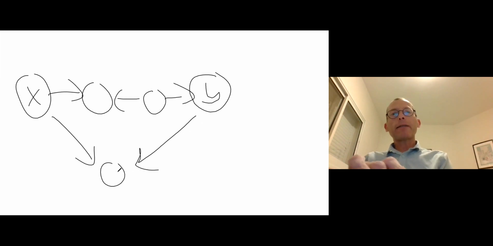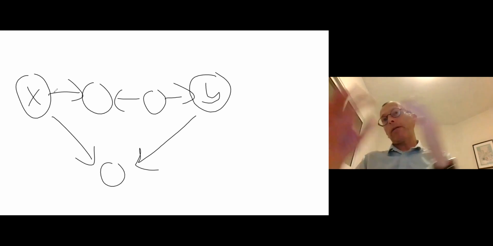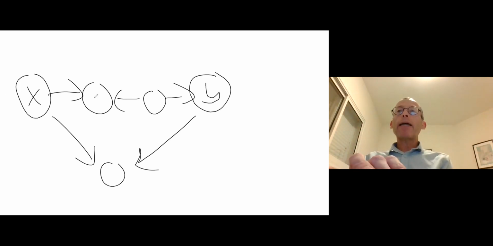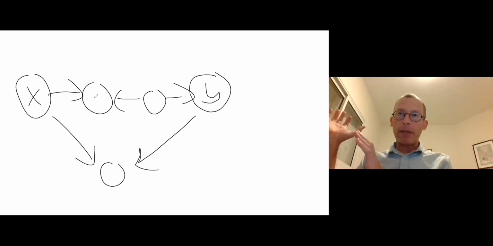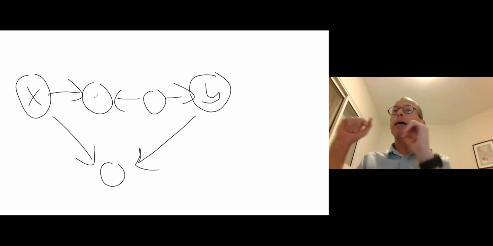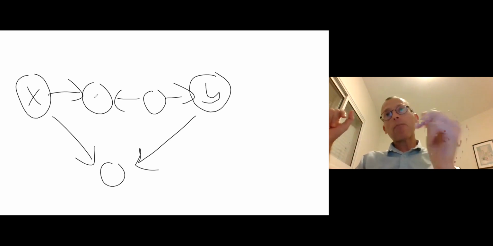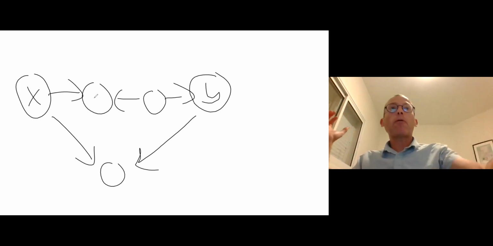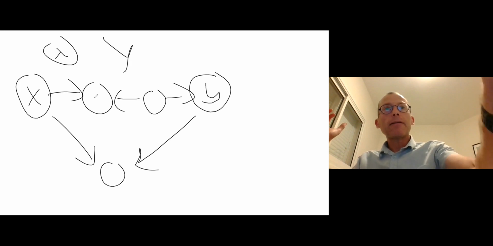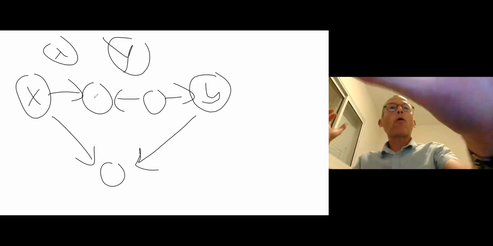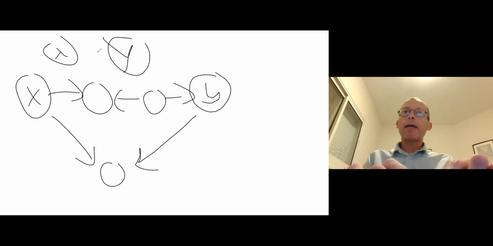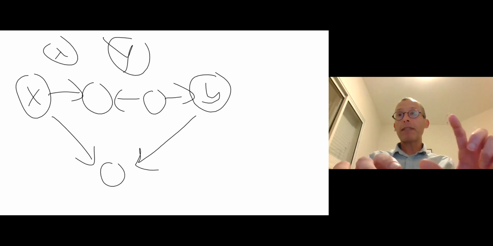So this is a collider, and this is a collider. If all the paths between X and Y, if there is any, have a collider, then they are not connected. And of course, Z is empty, okay? So if Z is empty and there is a directed path, they are connected. If there is no directed path, for example X and Y are like this, with no path between them, or there is a path that contains a collider, then they are not connected if Z is empty. Okay, so this is the first rule.